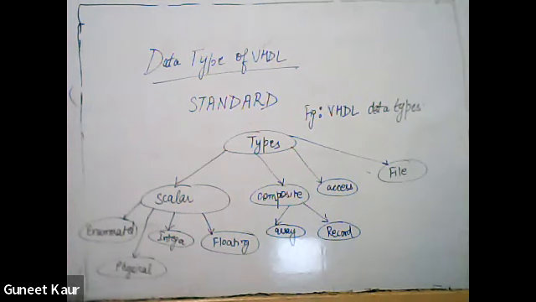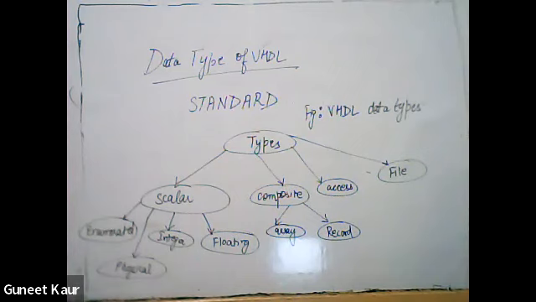As you can see, scalar types are further classified into 4. First is enumeration, second is integer, third is physical, and fourth one is floating. And in case of composite, it is of 2 types, array type and record type.